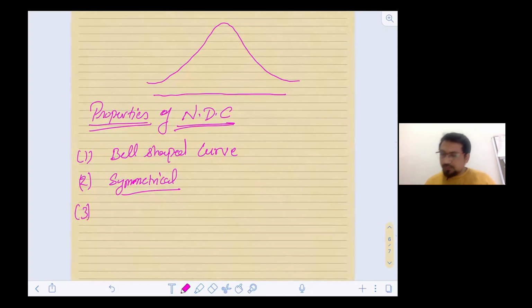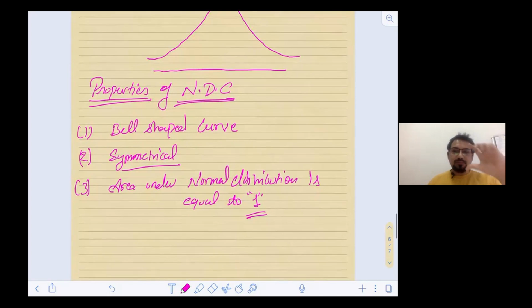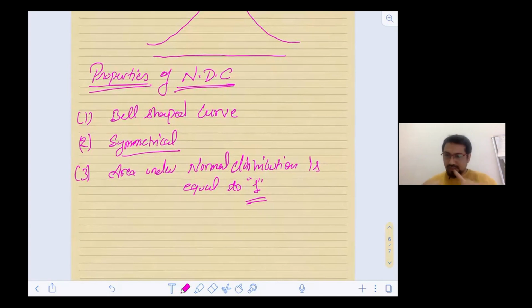Now, symmetrical property is number two; what about the third property that comes to our mind? That the area under the normal distribution is equal to what? 1. Remember, I told you that for a probability distribution, when you sum up, it will be 1.